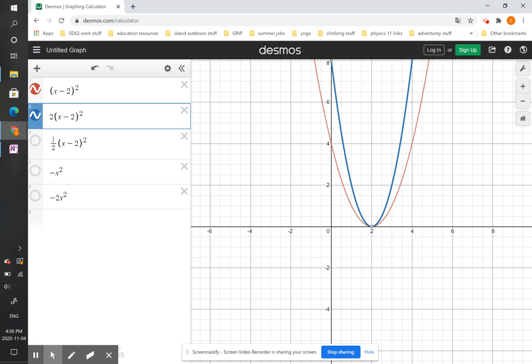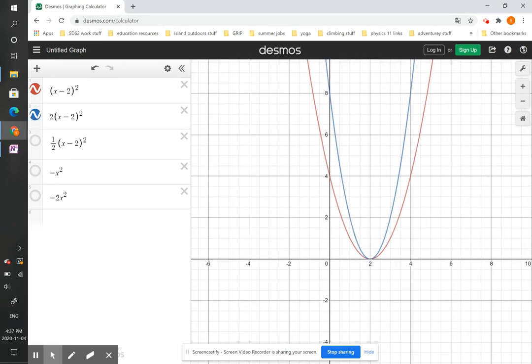I know that seems super weird, but if you look at the y-intercepts, it's a little bit easier to see what's going on. You can see here that when x is 0 in our original graph, y was 4. When x is 0 in our new graph, y is equal to 8. It's almost like it's been multiplied by 2.